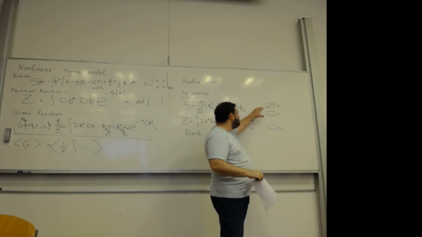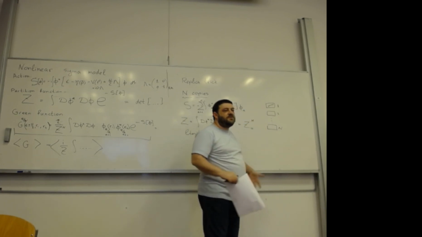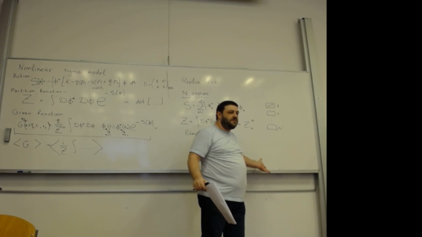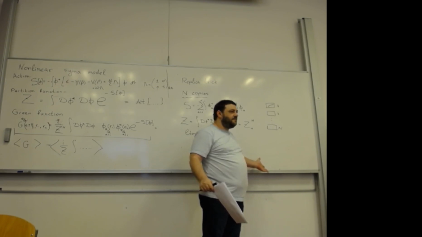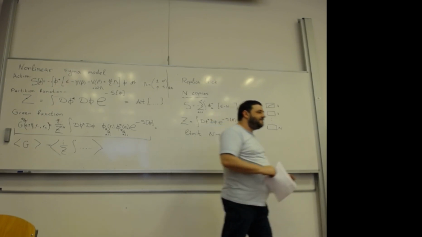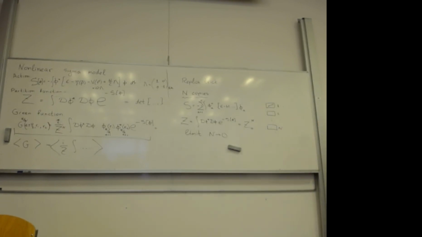This result does not know how many other copies you have, it does not depend on n. It means that we will do all the calculations with some n without specifying it, we'll get some result, and then in this result we will take the limit n to 0. Well, if you have one sample, it's 1, but since the result, the Green function, does not actually depend on n, okay.